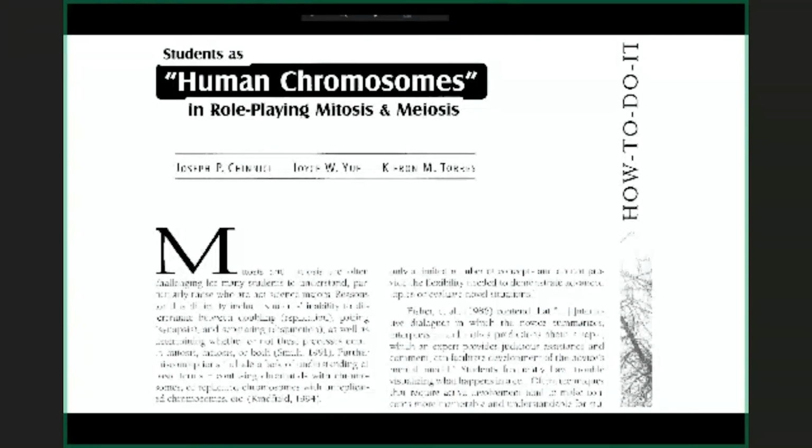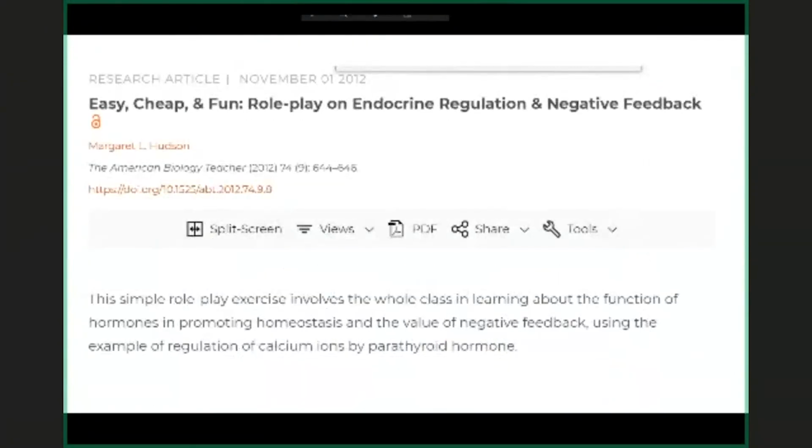So again, this one involved more of the color coding of the different jerseys for the different students, and kind of putting them in different places and showing how the doubling of chromosomes will happen, how they would separate into new daughter cells that are being produced, showing the formation and the dissolution of the nuclear envelope with the help of a student group forming a circle. So all of those were concepts that really helped them start looking at the process.